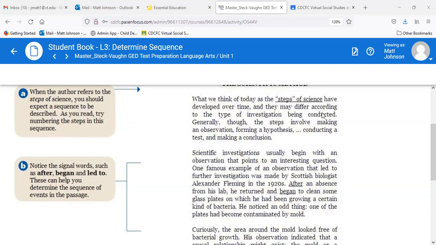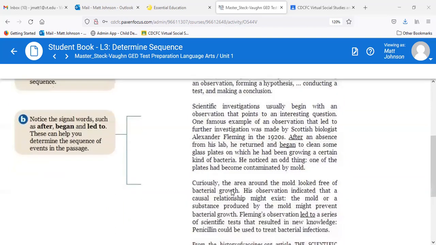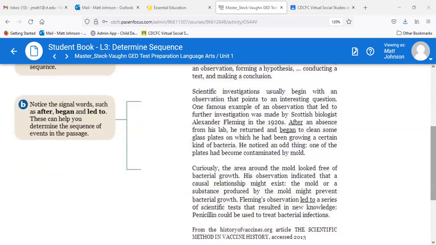And then secondly, in our other text box, notice the signal words such as after, began, and led to. These can help you determine the sequence of events of the passage. So once again, two different types of signal words. This one in the middle of a sentence is preparing you to see a sequence, and after, began, are basically guiding you through that sequence, right?